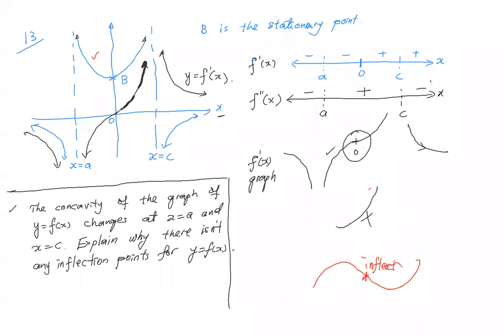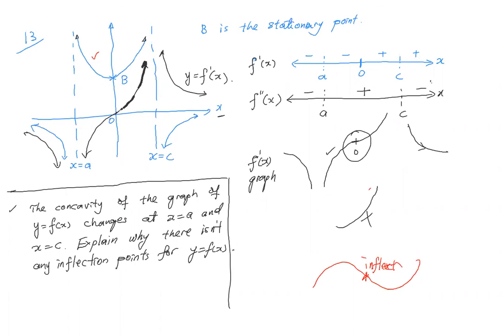Can someone explain? Someone has given me already the answer. For f x, the concavity changes at the vertical asymptote.